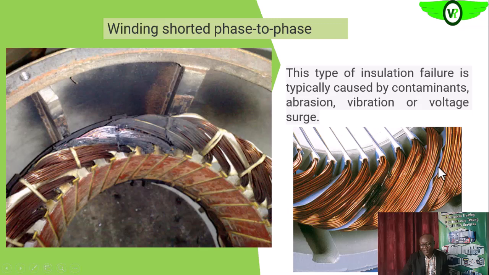So in essence, the U phase is not supposed to have any connection with the W phase, because they are completely separated. You only have connection at the terminal block. That is where you have connection, whether it is star or delta, but within the winding there is no connection.